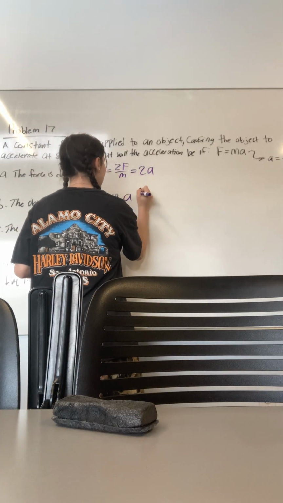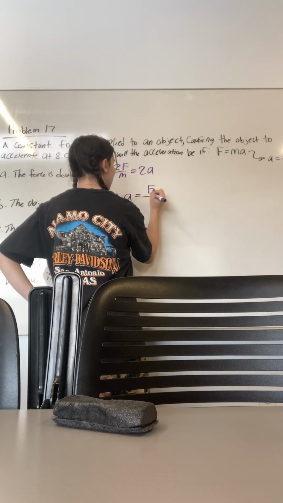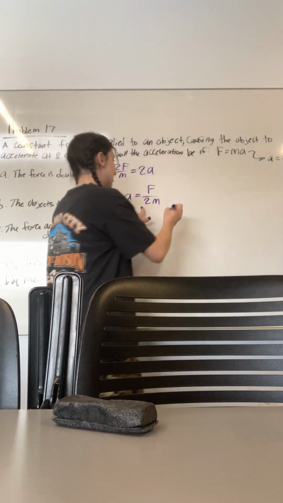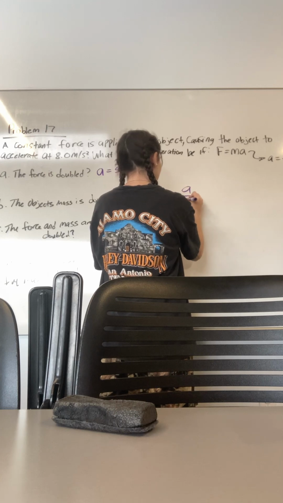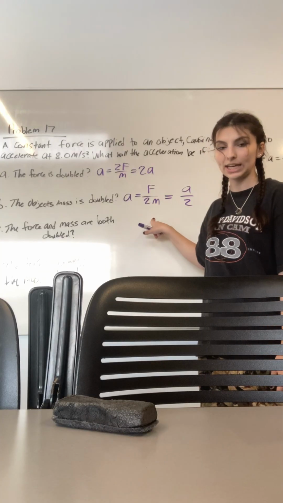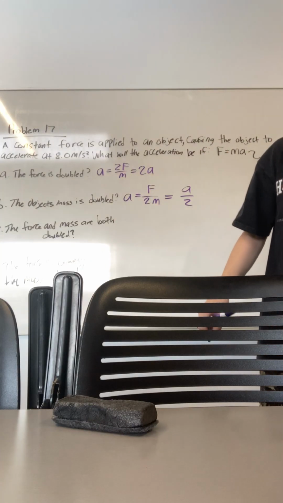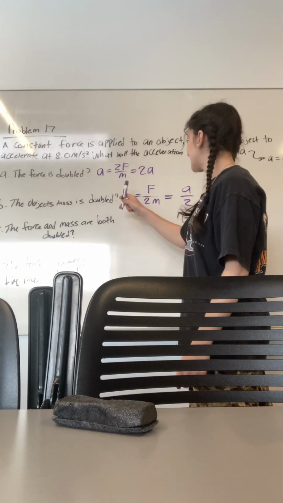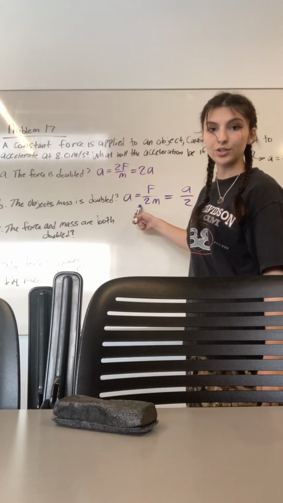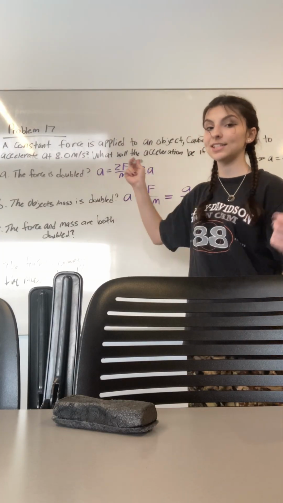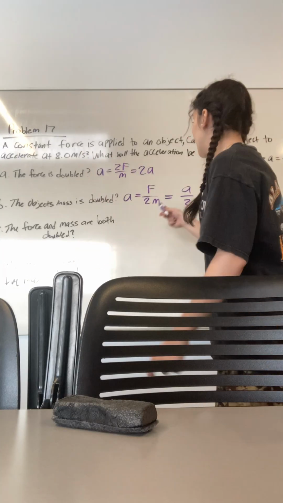You are also going to put it in the same equation, except this time it's on the bottom, right? That just means that basically the acceleration is cut in half. That's because they're inversely proportional to each other. They're inversely related. That means that when mass changes, acceleration also changes in a way, but it doesn't do the same thing as it did with force, where it changes in the same way.